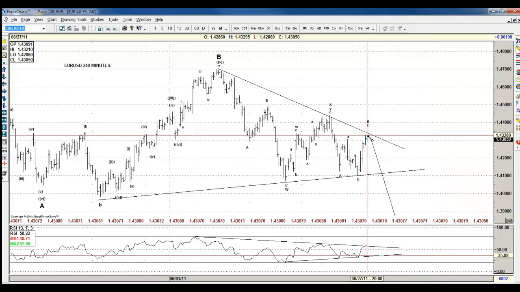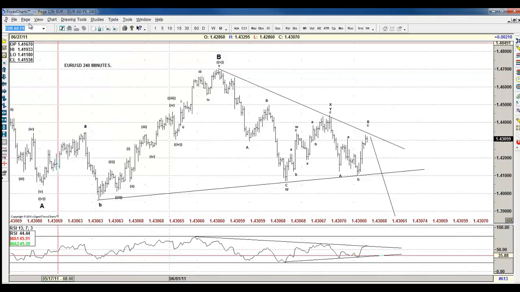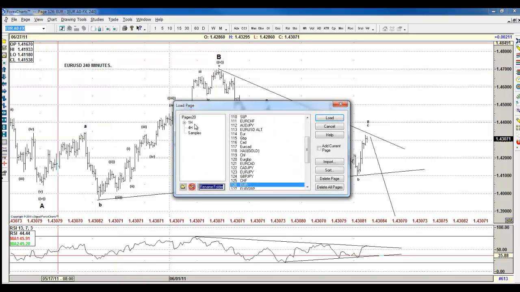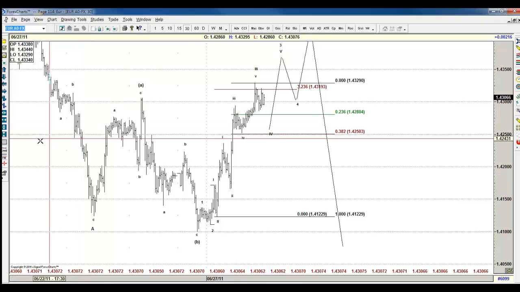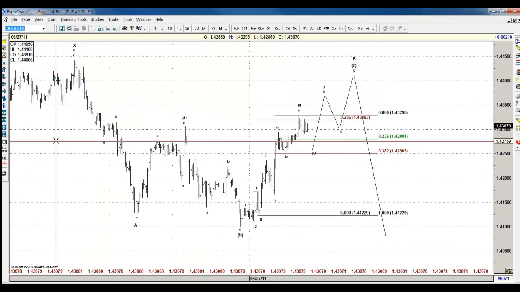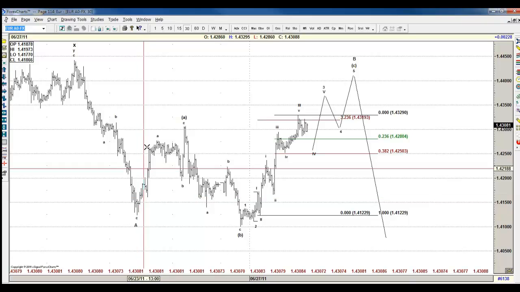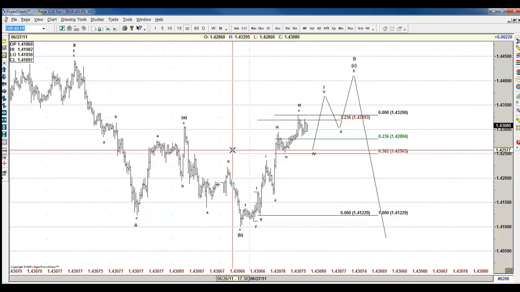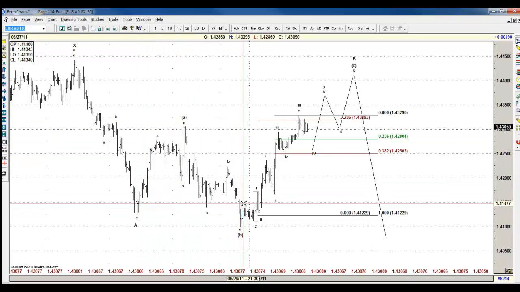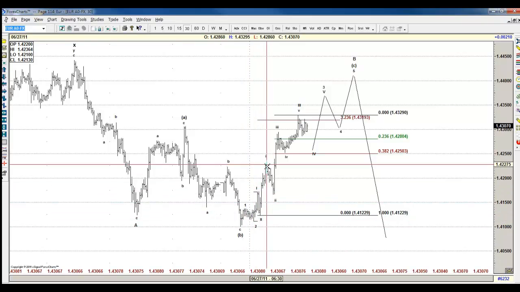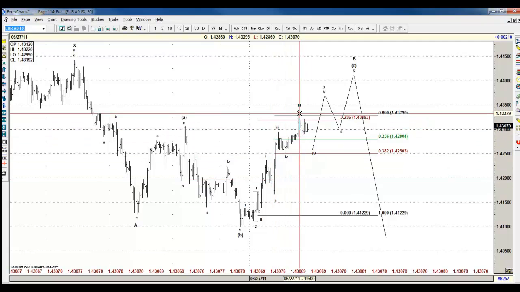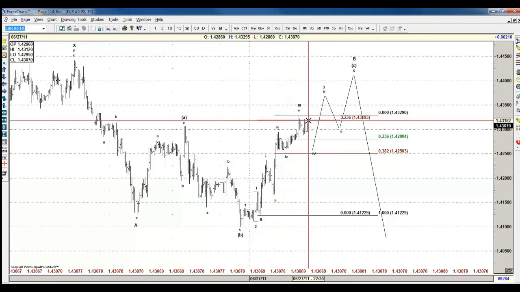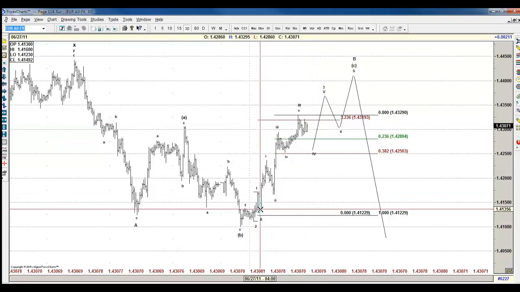Now let's take a look at this part right here, and move on. I like the flat scenario when this is in an hour, where we have A, and then 3 waves back, 3 waves down, and then 1, 2, 1, 2, 1, 2, and then 3, 4, 5 to the 323.6% of this one.